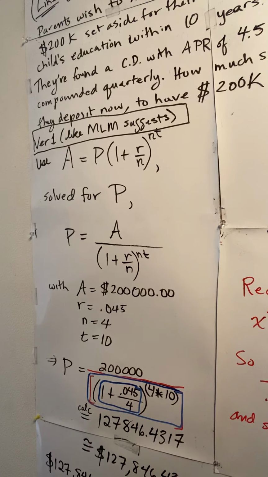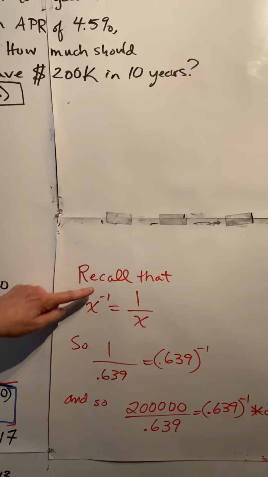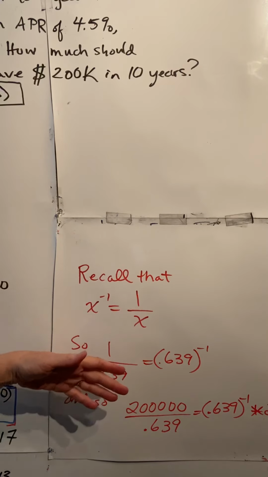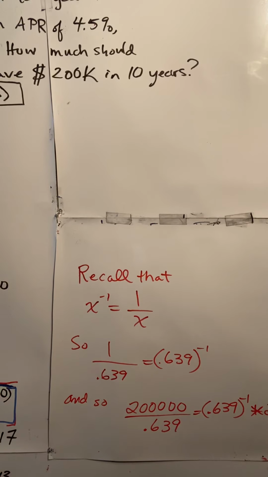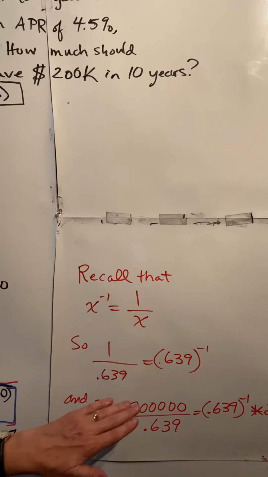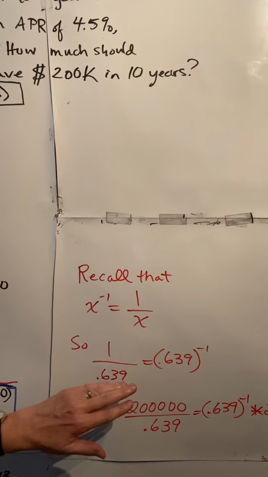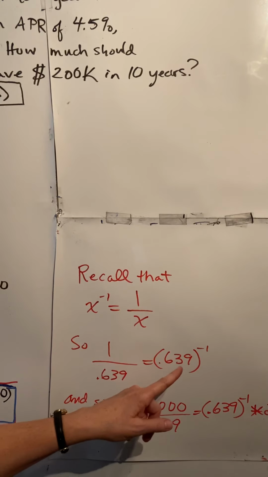So let's go back over that thing I was talking about in class. Recall that anything raised to the -1 power is really 1 over that thing. Or another way of looking at it, if you have 1 over something, say some quantity 0.639, then if you want to bring that up into the level of the numerator, you just rewrite it with a -1 power.